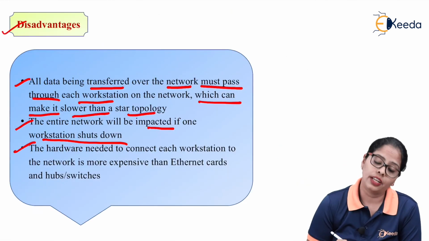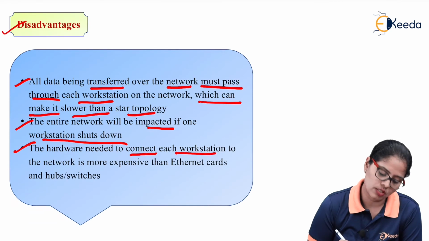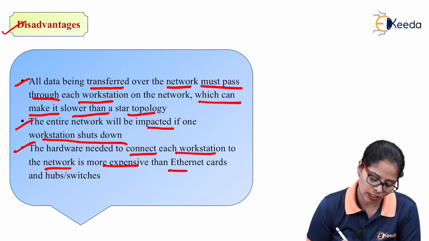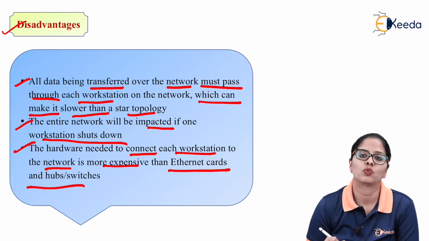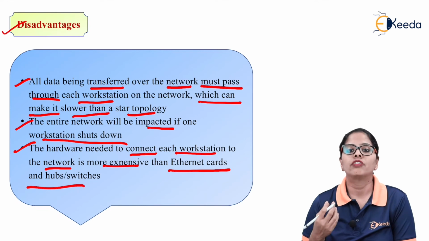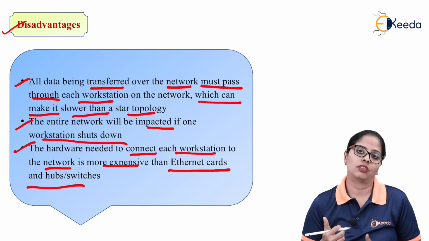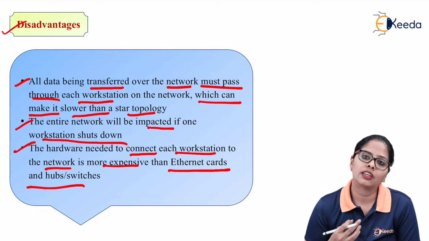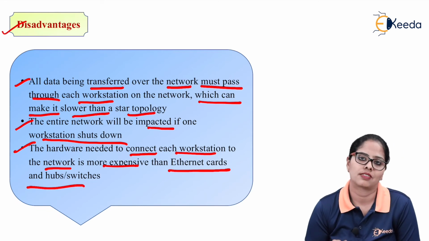The hardware needed to connect each workstation in the network is more expensive than Ethernet cards, hubs and switches. Whatever hardware we need to connect the two computers, here it is more expensive, so the overall cost is going to increase.